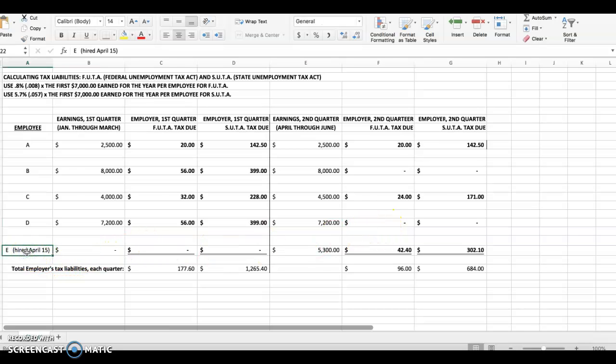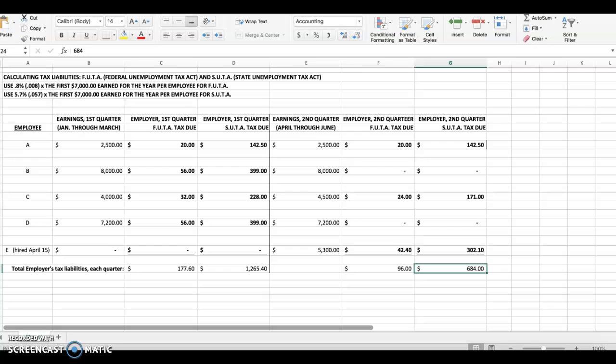Employee E was hired April 15th, so he or she earned 5,300 during the quarter, and that means that he or she is not over the 7,000. So when we calculate, we have to use the entire amount earned, the 5,300 times our 2 percentages. And you see the totals there again that we'll use a little later.